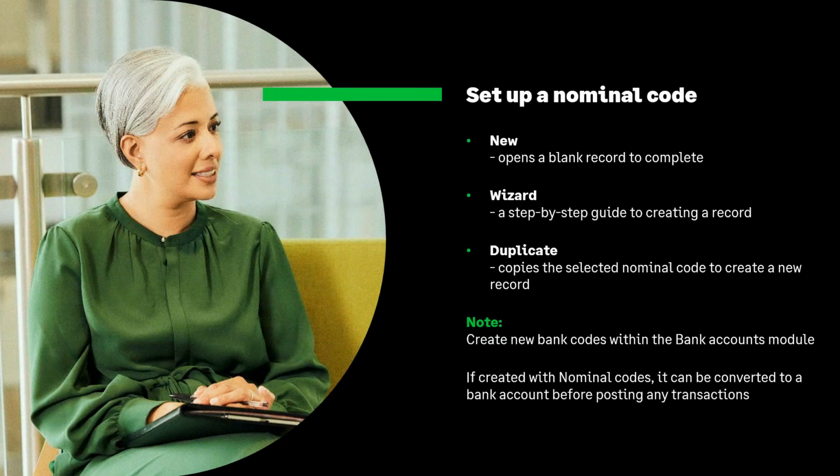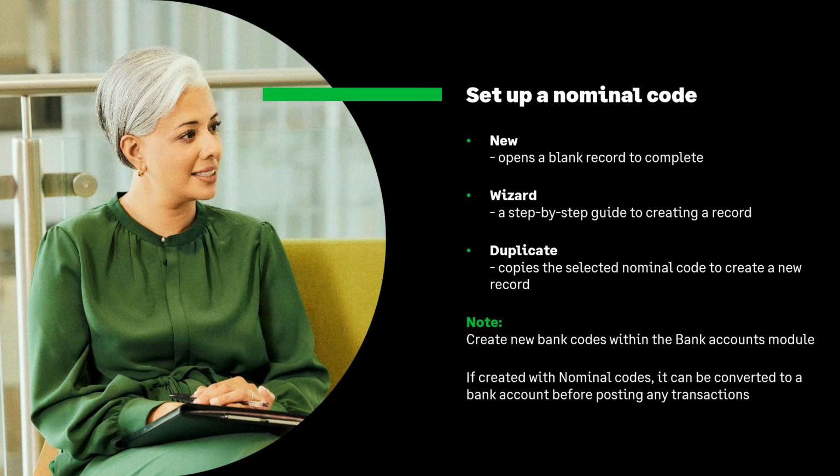It'll suggest that for you based around what sort of category you use. You've got a duplicate option, not available in Essentials, but otherwise, if you're on Standard or Professional, you will have that duplicate option. This enables you to highlight a nominal code, click duplicate, and it will create a new one based around what you've selected. Now, I think that's very rarely used in the nominal codes area, because it doesn't really save you any time.